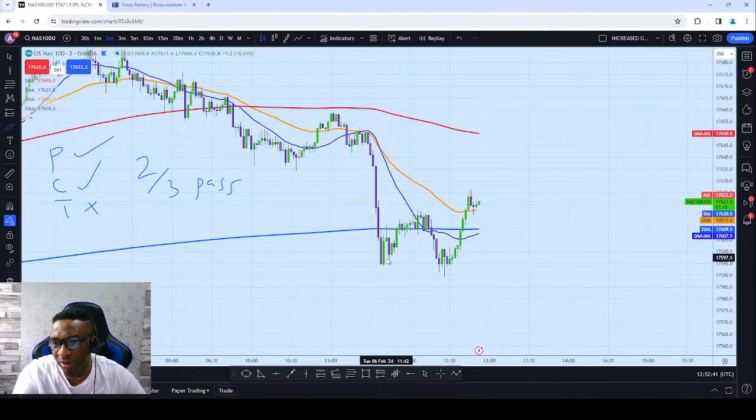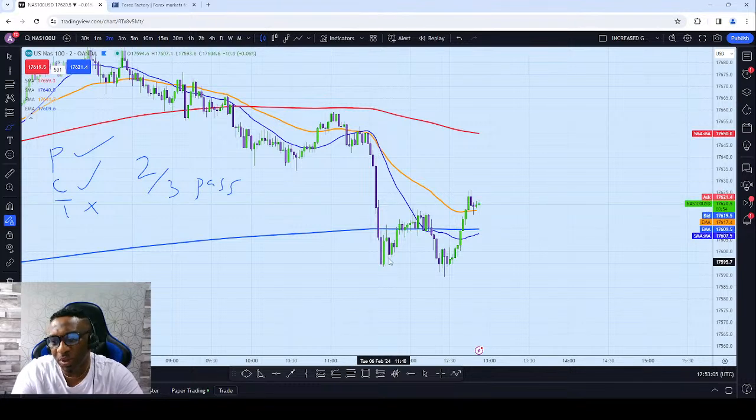Even if you enter a trade from this area, you don't expect too much from it. If you entered on this particular candle, it didn't go that far, but it would still have given you some profit.